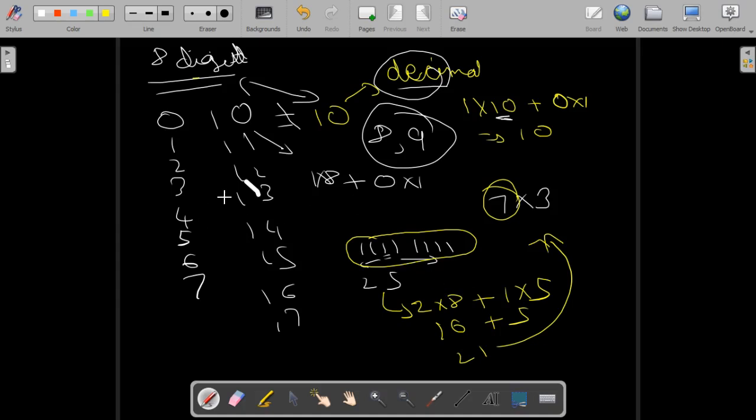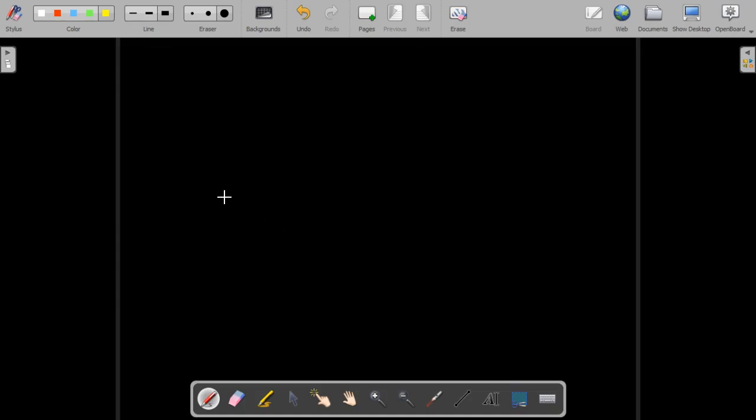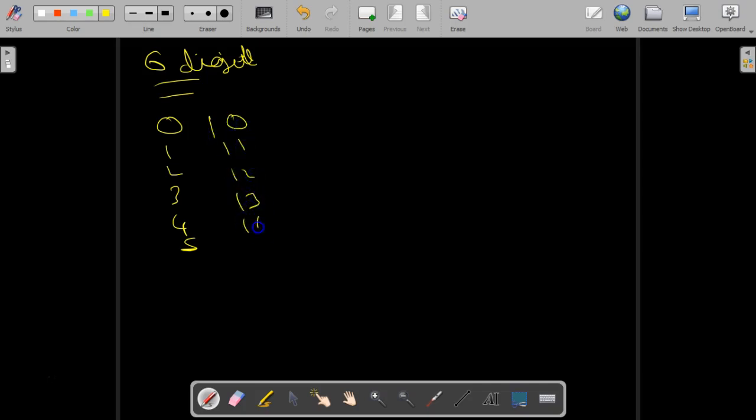So now in another example, if we were only having a 6-digit system, you would have only 6 digits to play with, that is 0, 1, 2, 3, 4, and 5, and you carry over, so 10, 11, 12, 13, 14, and 15.